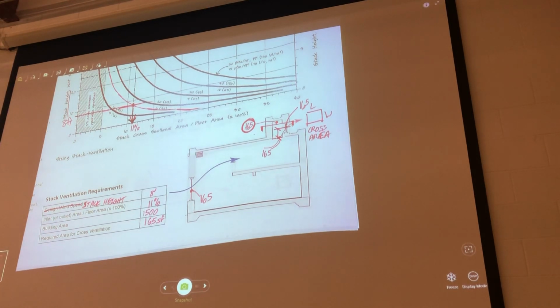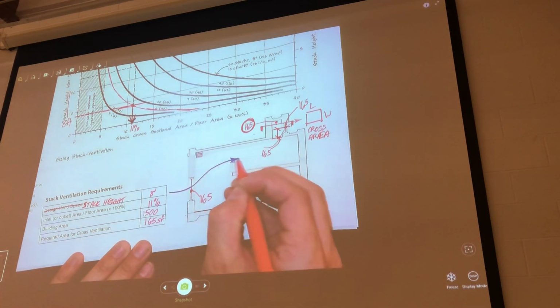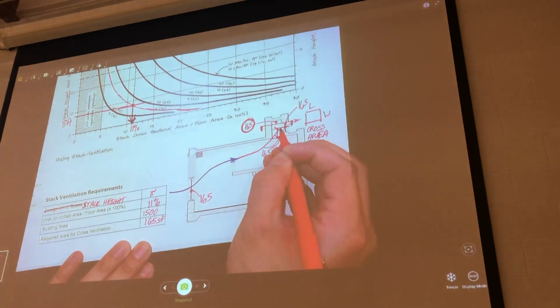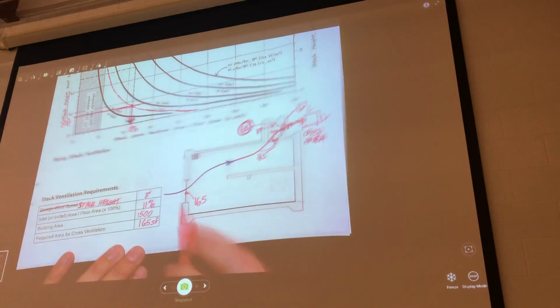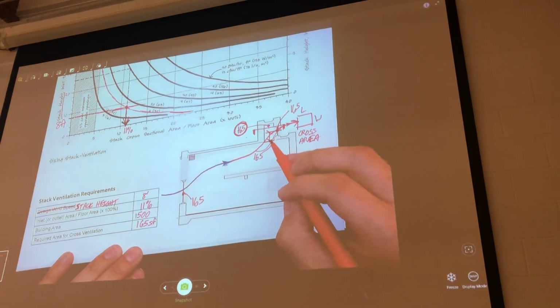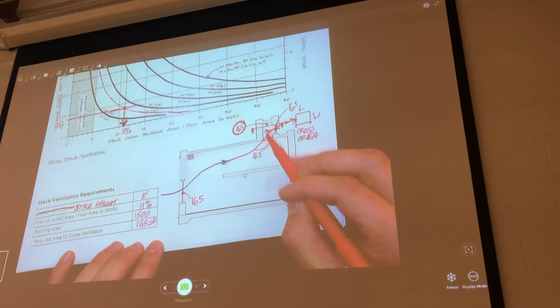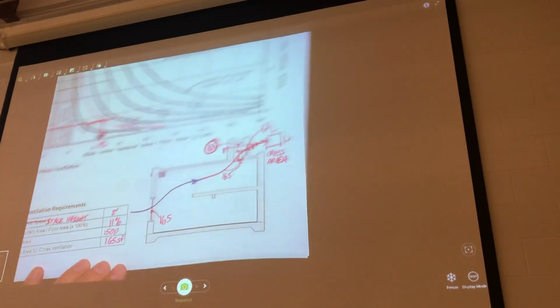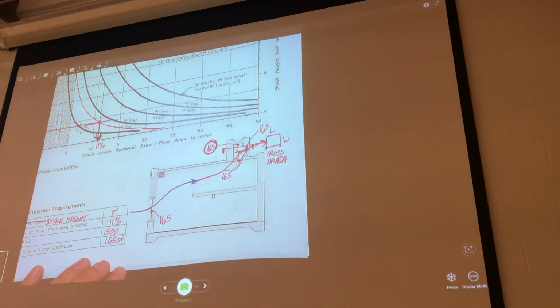Realistically, as air flows through the space, you're going to want to increase the area. So you actually want your windows to be the smallest area, your inlet to be a little bit larger, your cross-sectional area in your chimney to be a little bit larger, and your outlet to be a little bit larger.